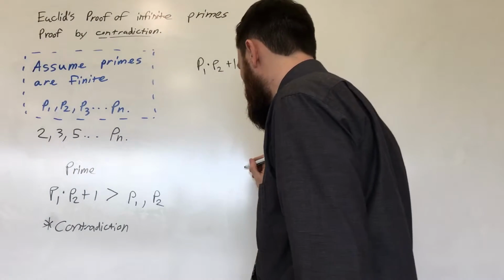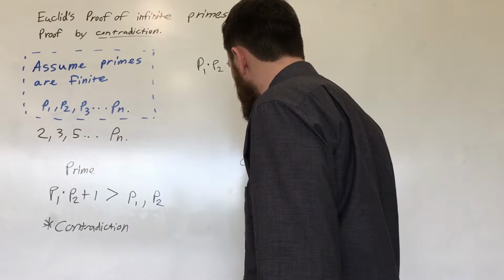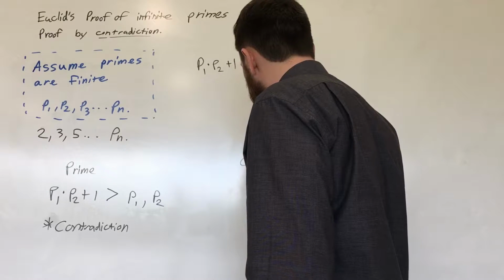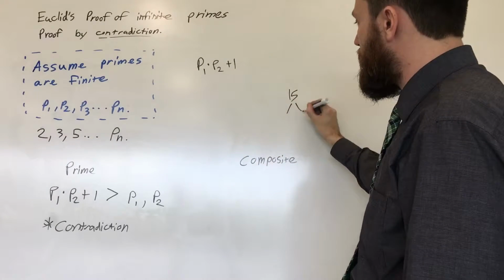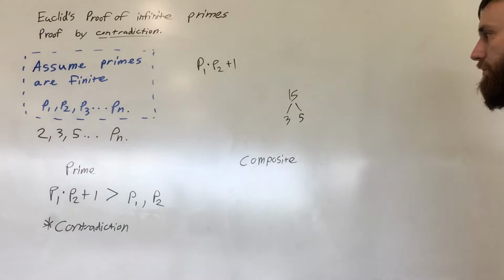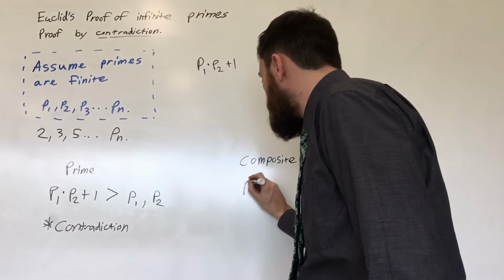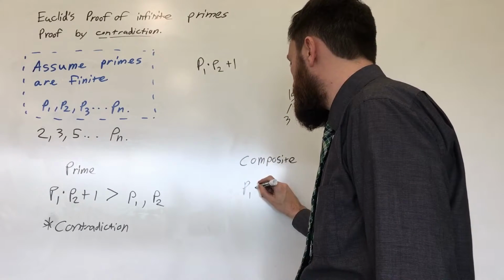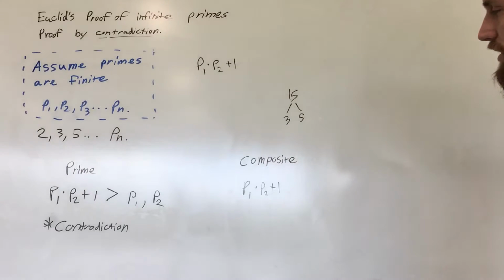Okay. We're going to assume maybe this number is composite, which means you can break it apart. So 15, 3, and 5. Okay. So if P1 times P2 plus 1 is composite, you must be able to divide it.